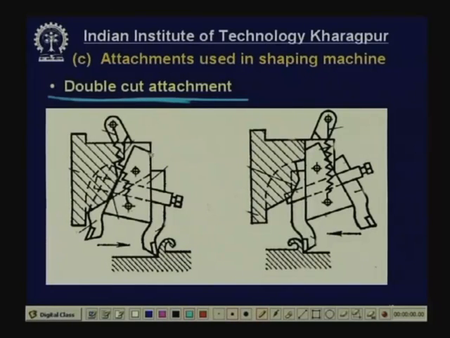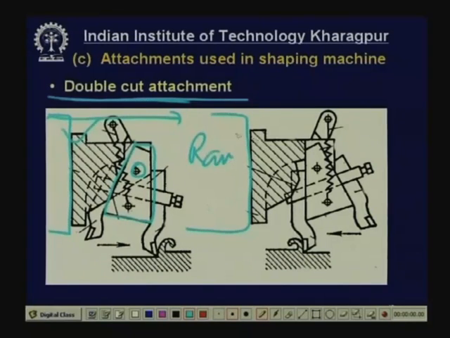Here you see that this is a rectangular piece which is hinged over here on a block. This block is rigidly fixed on the ram, which reciprocates in the shaping machine. So, this is connected with the ram.